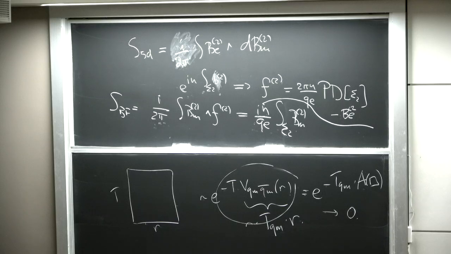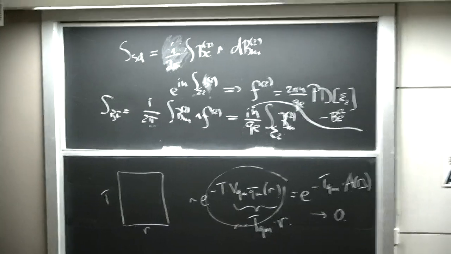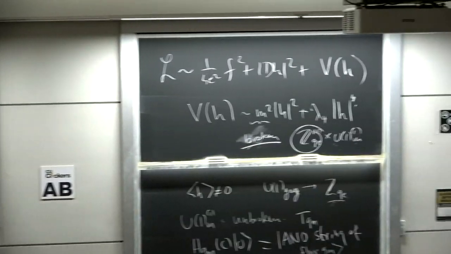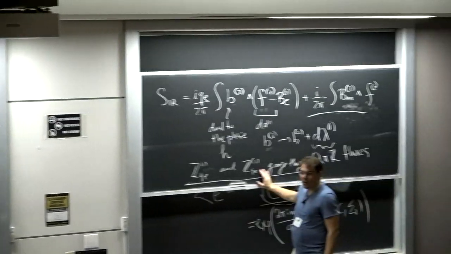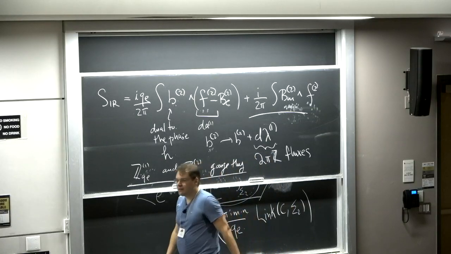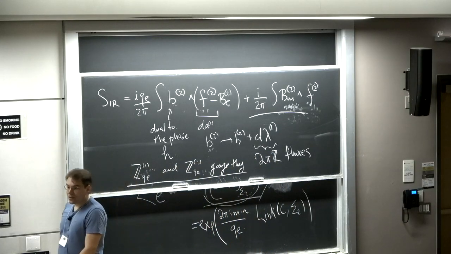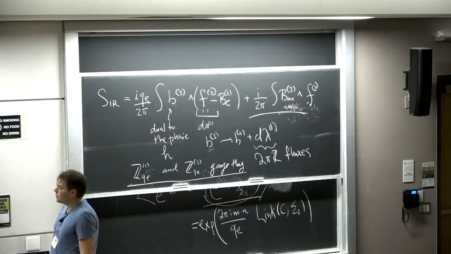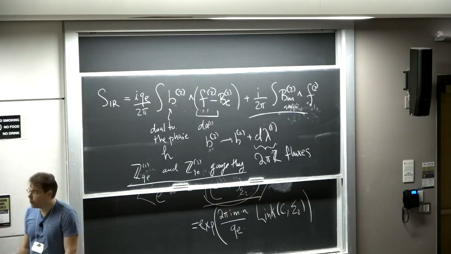So now that we have encountered a description of this ZQ gauge theory, and we understood that it could be thought of as either ZQ gauge theory for an ordinary one-form gauge field or ZQ gauge theory for a two-form gauge field, we can use this gadget to start gauging discrete subgroups of either U1 electric or U1 magnetic. And that's a fun thing to do. Remember, those were anomaly-free subgroups.